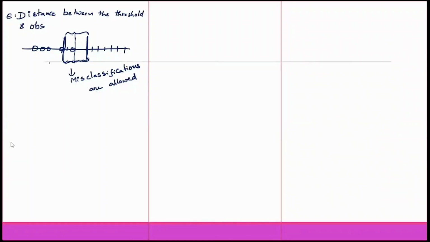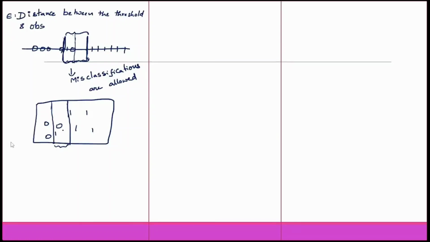Rather than saying every time there will be a perfect segregation, in two dimensions also, if my zeros are here and my ones are like this, and let's say there is a one like this, then I might define this as the margin for ones, and this as the margin for zeros. Within this margin, misclassifications are very much possible.